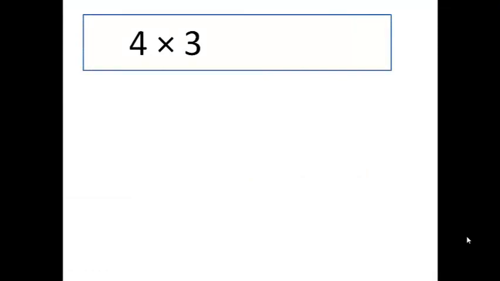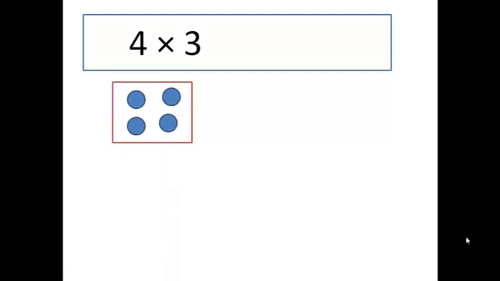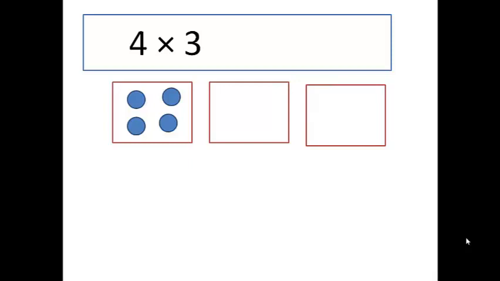15. Another example. Yes, 4 times 3. It means the number in each group is 4. You must draw groups, in each group 4 objects, 4 circles. How many groups? 3 groups. 1, 2, 3. In each group, how many circles? 4. 1, 2, 3, 4.